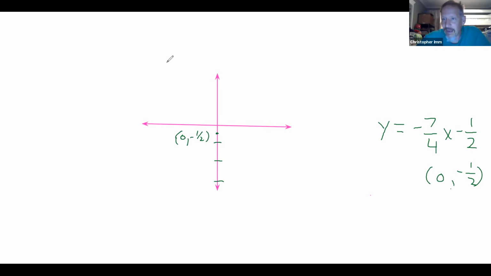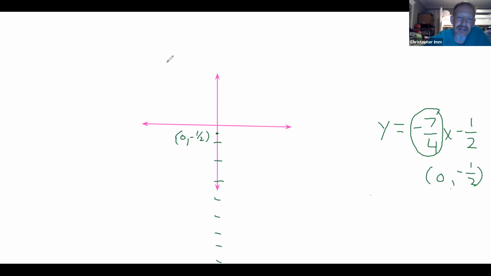So what I can do now is I can either use that slope or I can find another point. Now it's tempting to use the slope, although in this case we have to go down 7 and over 4. So if I wanted to, I could go down 7 and over 4 to find another point if I'm careful. So I can use that rise over run. Let's see, so I have 1, 2, 3, 4, 5, 6, 7, 8.